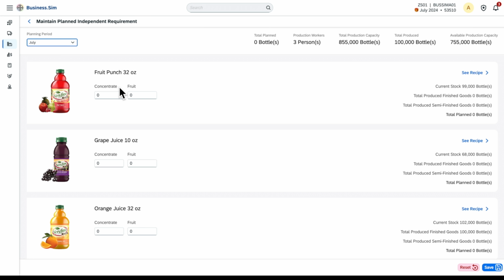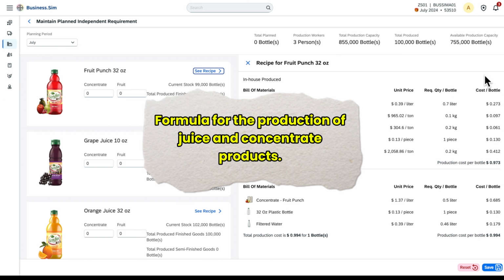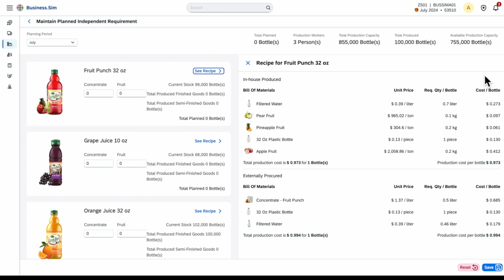In the upper right corner of each juice, there is a See Recipe feature. You can use this feature to find out what raw materials are needed to produce the finished goods. Each juice has a different recipe than the other.